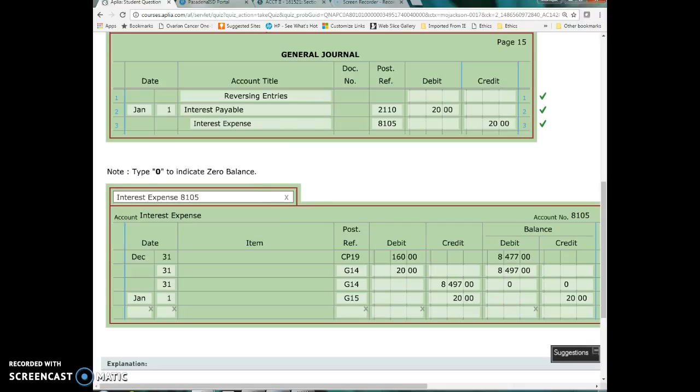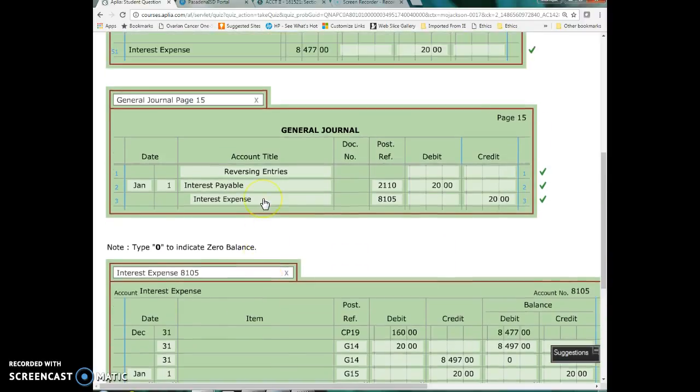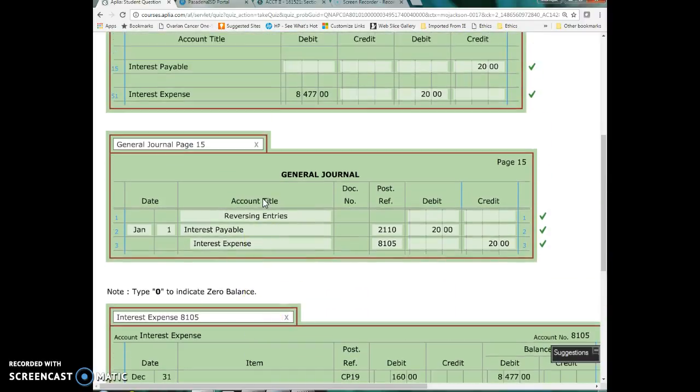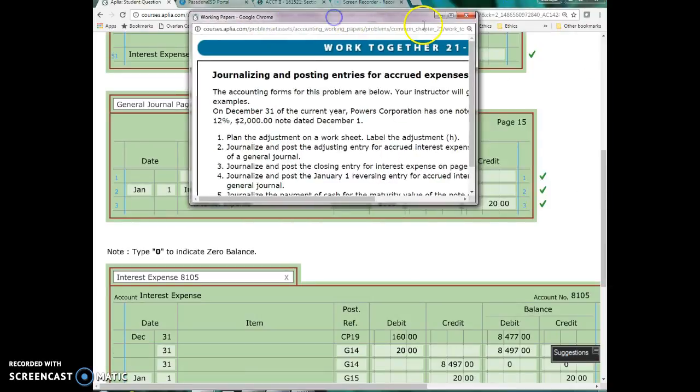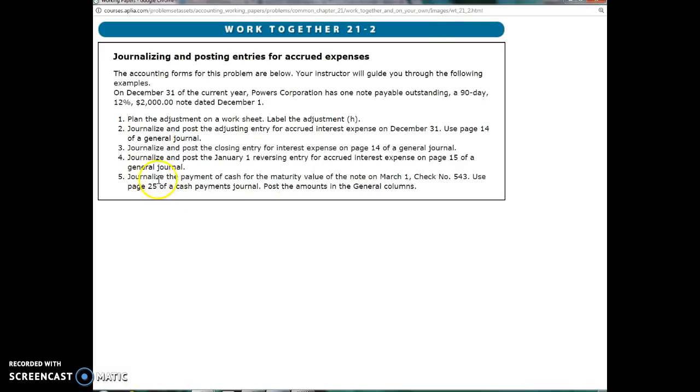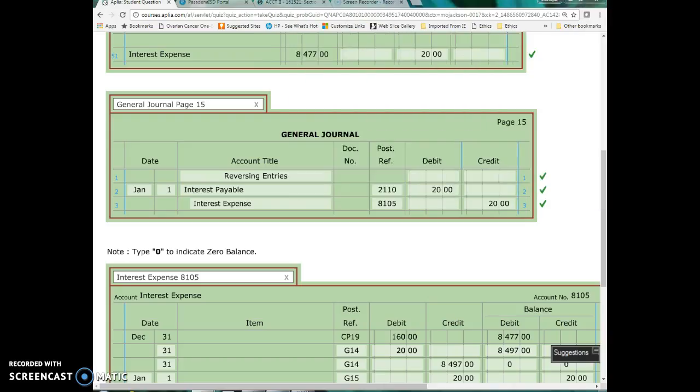Last one! Yay! We're paying the bill. We're done with this note. We can burn the note. So, journalize the payment of cash for the maturity value of the note on March 1st, check number 543. Use page 25 of the Cash Payments Journal. So we're paying the note.